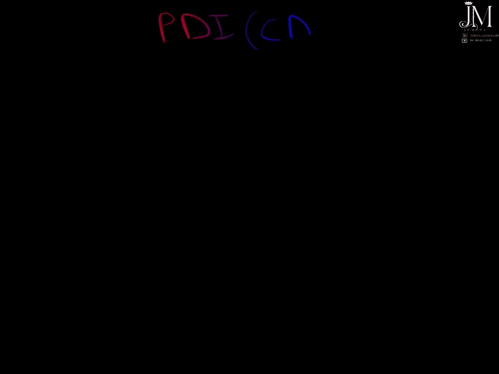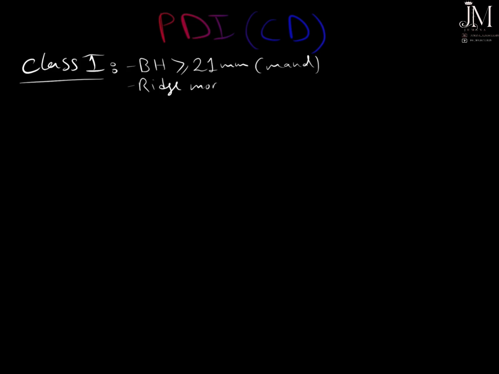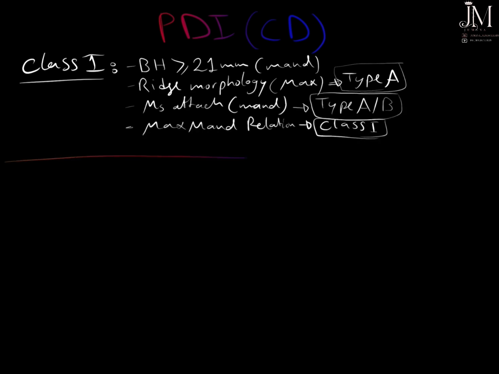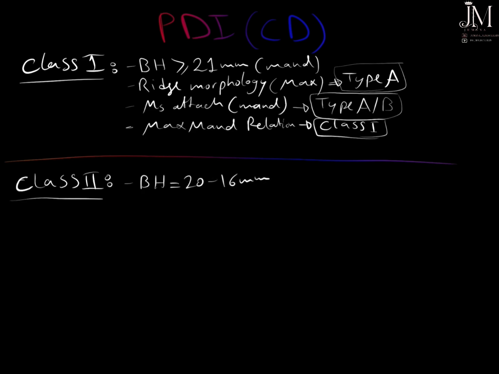So back to BDI classification. Class 1: the residual bone height in the mandible is 21 millimeter or greater, ridge morphology in the maxilla resists vertical and horizontal movement, type A, adequate muscle attachment in the mandible provides denture stability and retention, type A or B, and Class 1 maxillomandibular relationship.